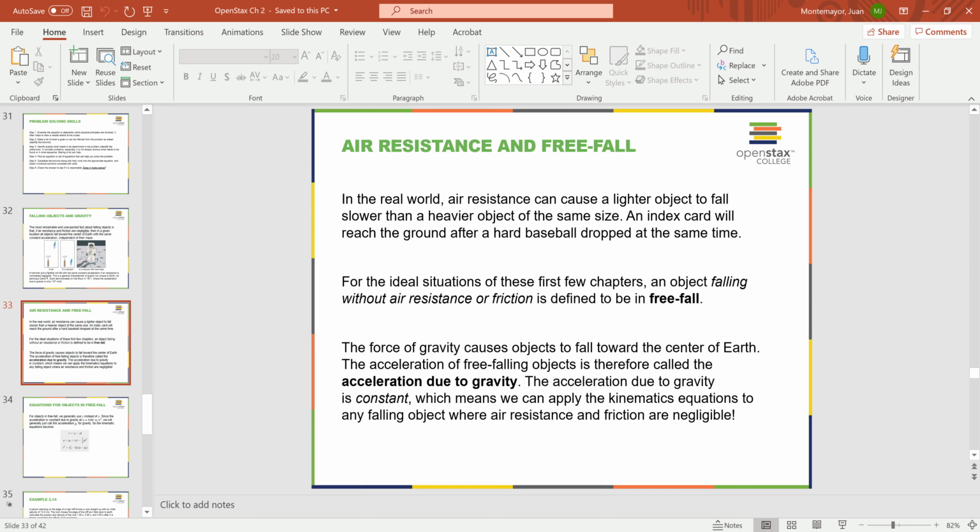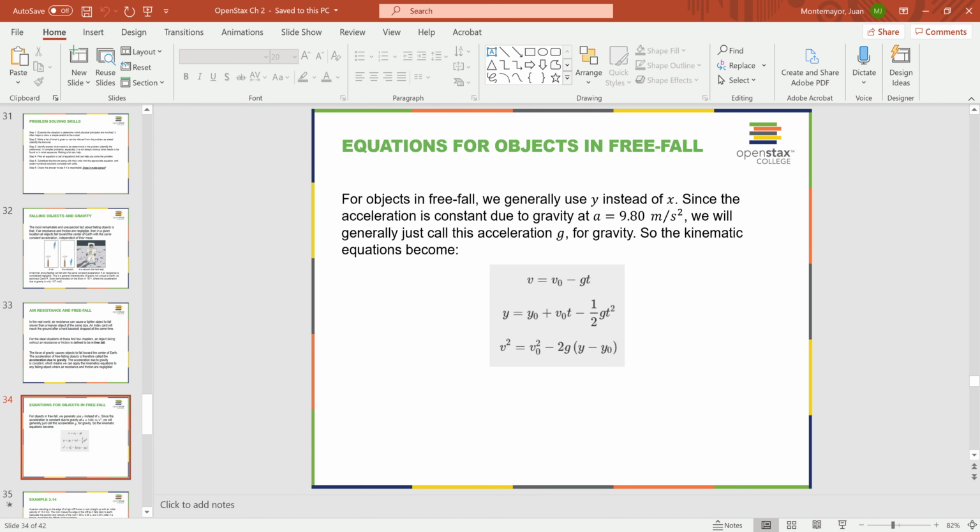The acceleration of free falling objects is therefore called the acceleration due to gravity. The acceleration due to gravity is constant, because that's what we're going to say. There are actually some points of the Earth where gravity is different than other points, but we're just going to leave that there, which means that we can apply the kinematic equations to any falling object where air resistance and friction are negligible. It's just something that we are going to take for granted in this chapter.